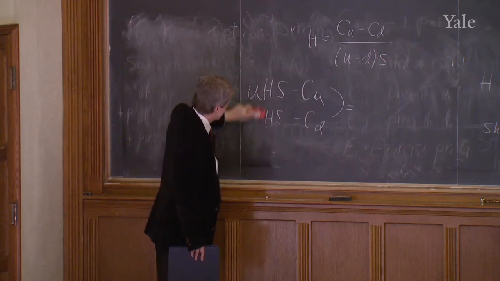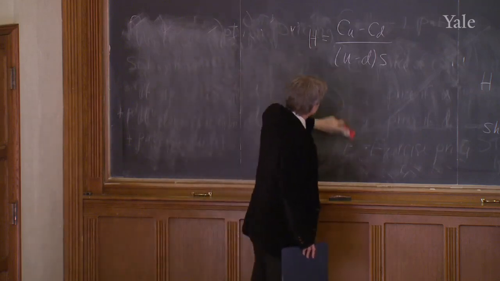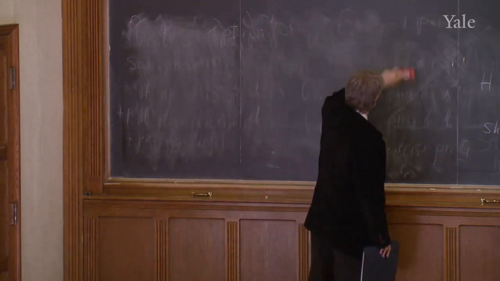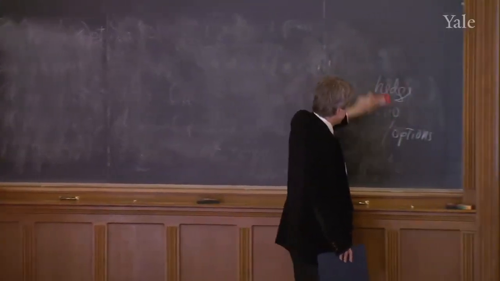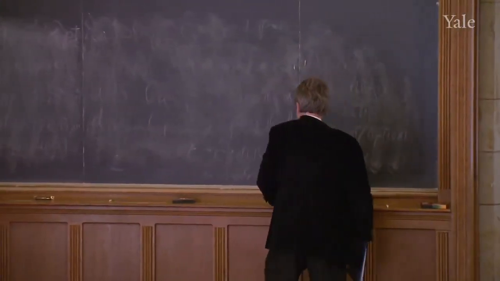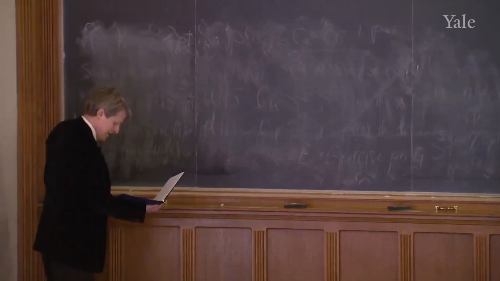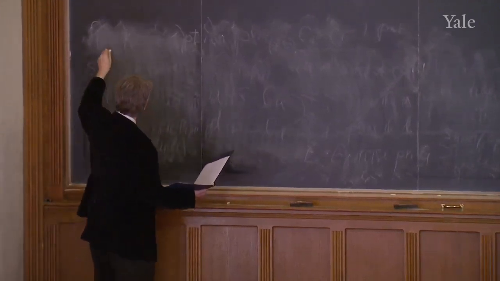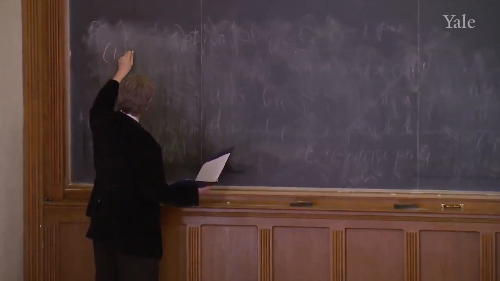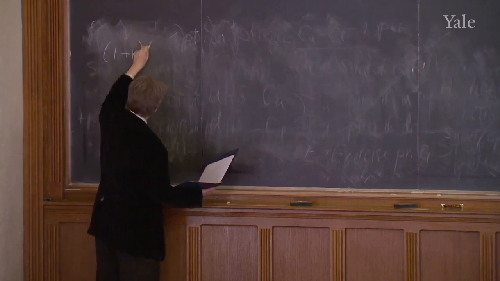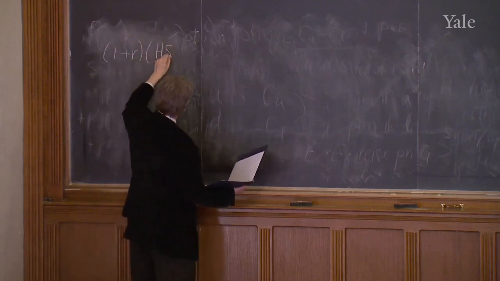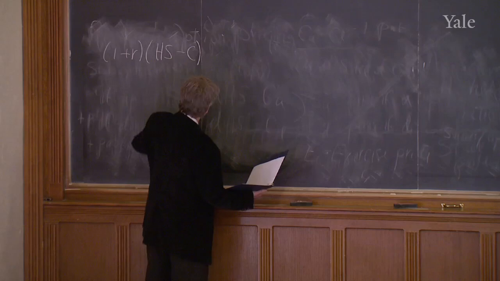I'm almost there to option pricing. Since I've derived what H is, the portfolio has to be worth 1 plus the interest rate times what I put in, which is HS minus C.